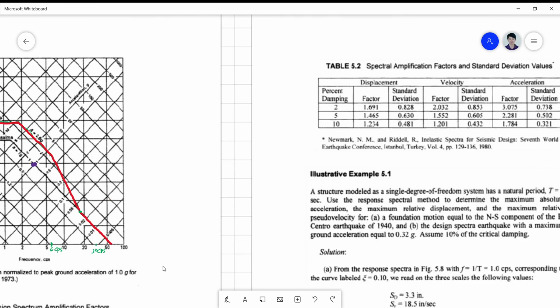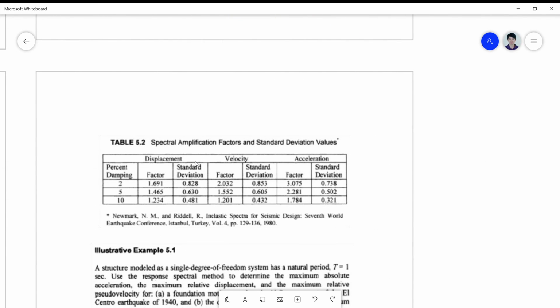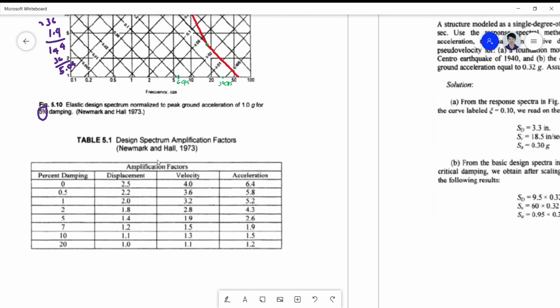Now for other tables which were derived from different sources like Newmark, the displacement, velocity and acceleration factors are very different. Like this is 1.4, this is 1.5, which is different from what we multiplied from Newmark and Hall.